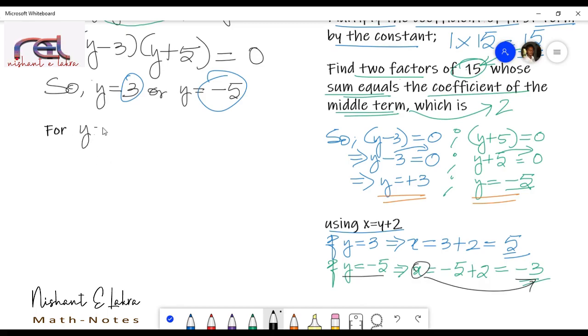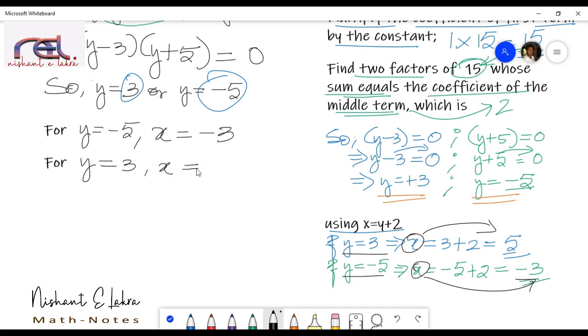So x is equal to minus 3 when y is equal to minus 5, or we can say x is equal to 5 when y is equal to 3.